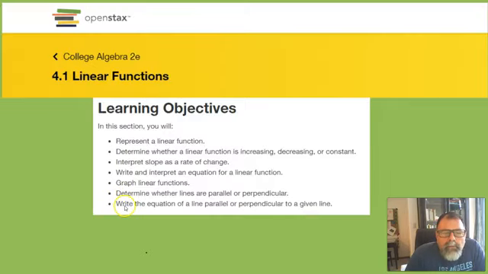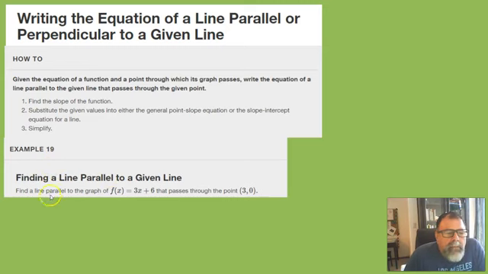And our last learning objective: write the equation of a line parallel or perpendicular to a given line. Example 19, finding a line parallel to a given line. Find a line parallel to the graph f of x equals 3x plus 6 that passes through the point (3, 0). Our first step is to find the slope of the function. f of x equals 3x plus 6, remember mx plus b, so the 3 is the m.